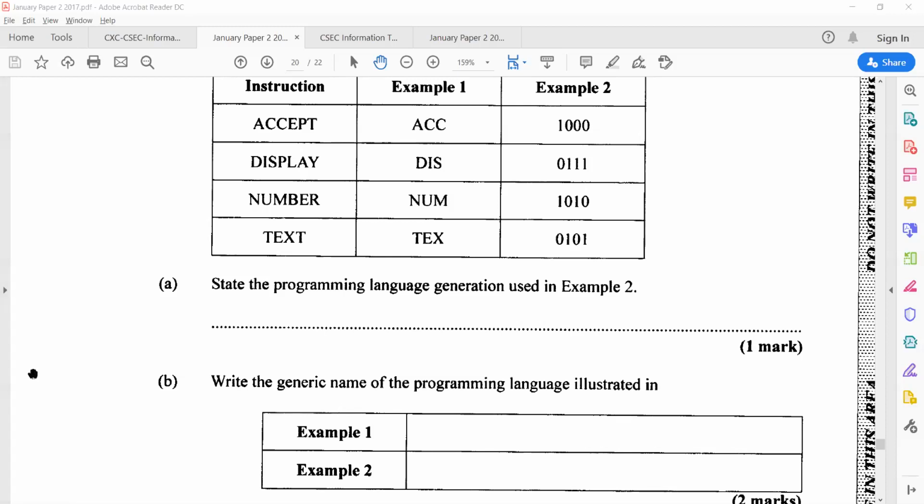All right. So example 1 is referred to as assembly language, and example 2 is machine language. Right? Machine language because it is the language in which the computers understand directly, the ones and zeros. And assembly language where it has some symbols, some letters. There's something like short words that represent an operation.